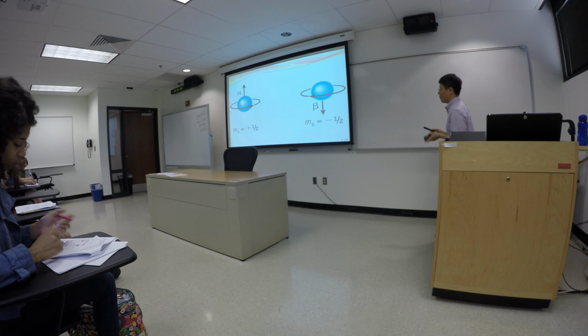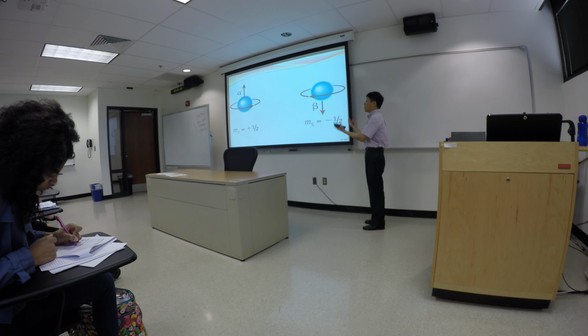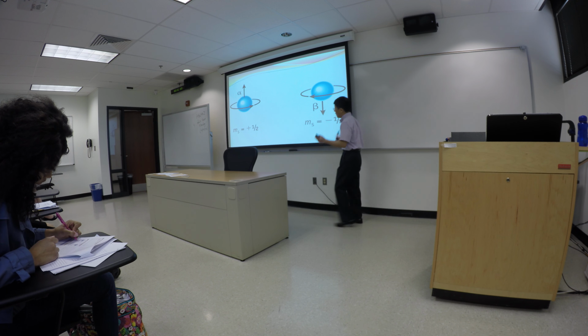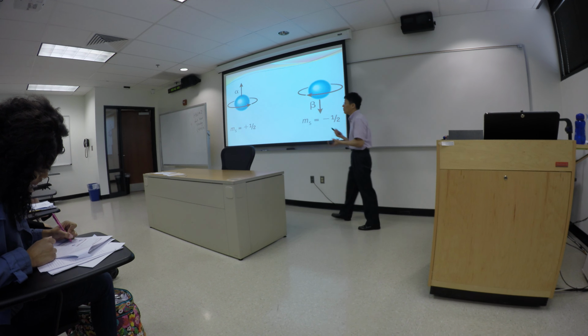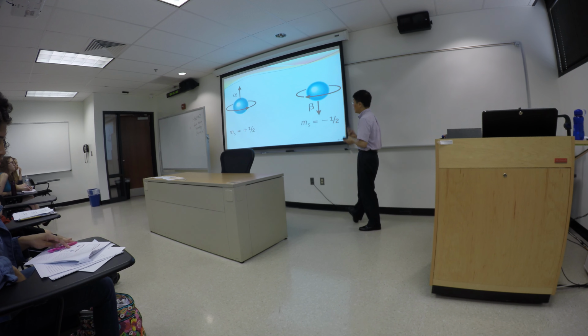There's really nothing wrong if you say this is positive and the other is negative, as long as you have one positive and the other negative. But everybody who understands basic chemistry knows counterclockwise is defined as positive. The other direction of spin will be negative.